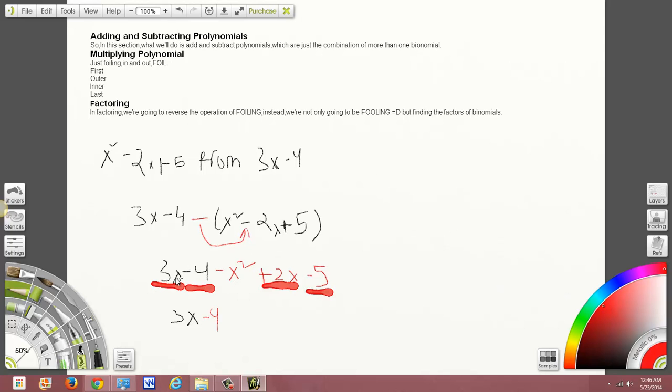Positive 3x plus 2x is 5x. So we add that here. And on the next expression, we're going to add these two like terms. 3x plus 2x is 5x. So 5x.